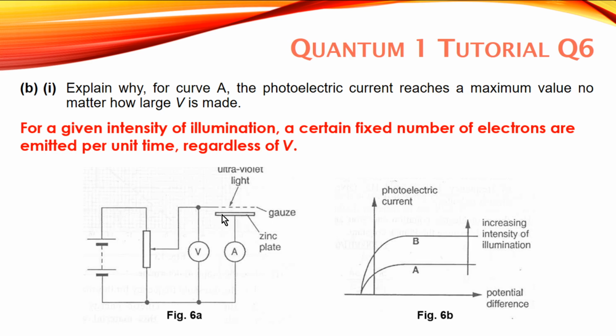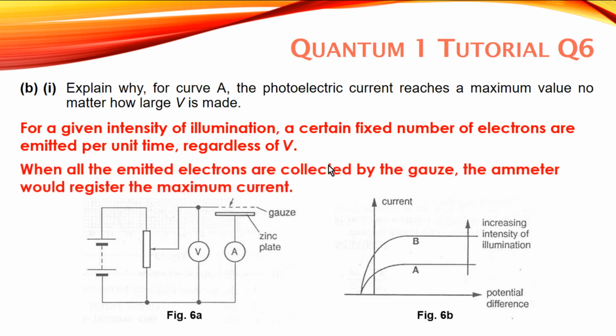Then when all the electrons have been collected by the gauze, that's where your meter will register the maximum current. So that's why even though you have high voltage, it doesn't affect the number of electrons emitted because it's the same. And when all the electrons emitted are collected, you get the maximum current. Over here, you get lesser current because at first, when the voltage is not high enough, there is still the same number of electrons emitted per second, but there are some stray electrons heading in different directions, so they are not collected by the gauze.